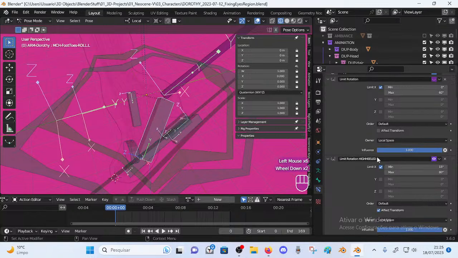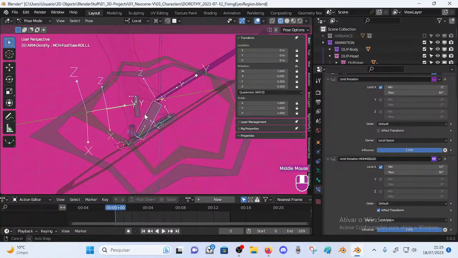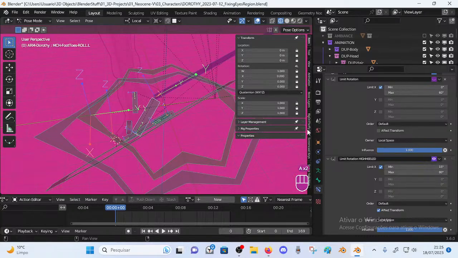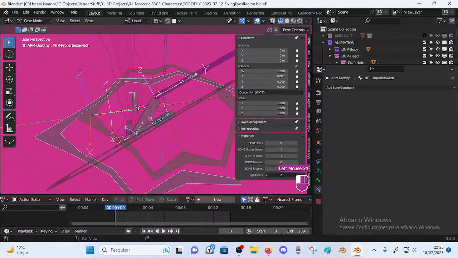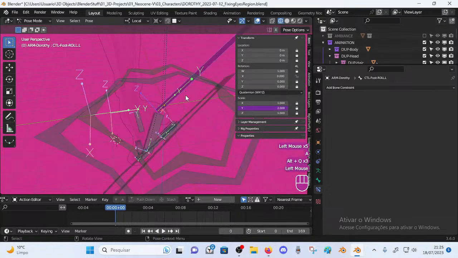The limit rotation settings, they change. One is favorable to the other, because I had to test which were the limits. If the foot is on a high heel start rest pose, exactly like that, that I need to reset.